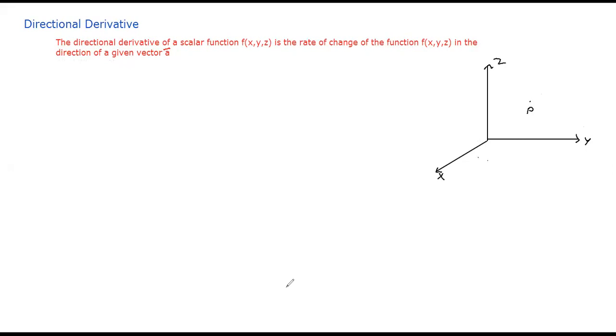Now, so far you computed the rate of change of the function in the x direction, which is nothing but dou f by dou x. You computed the rate of change of the function along the y direction. You also computed the rate of change of the function along the z direction.